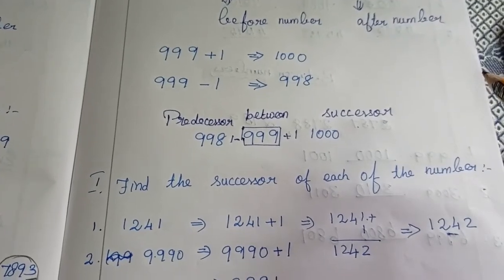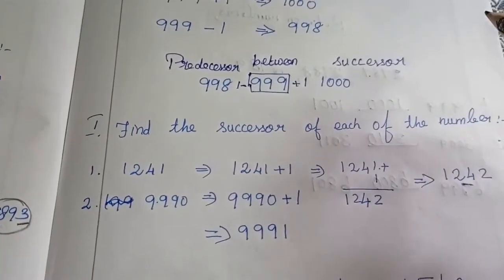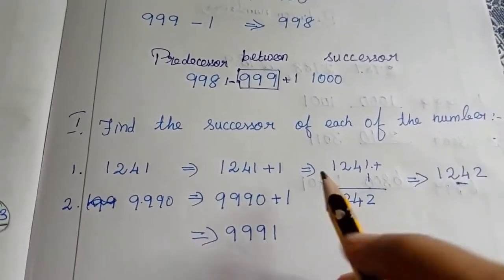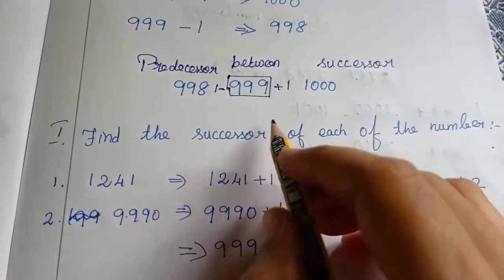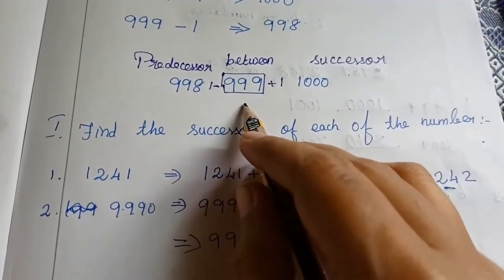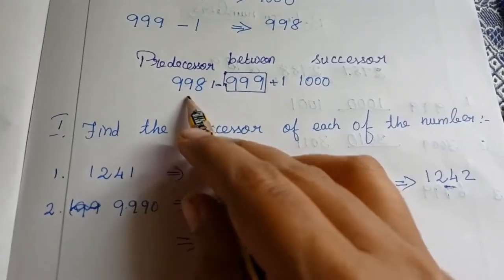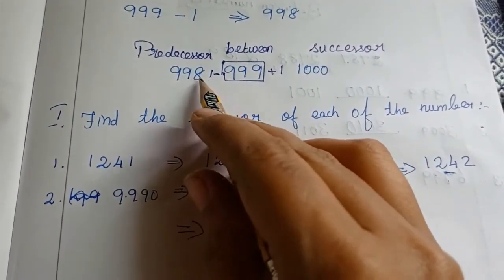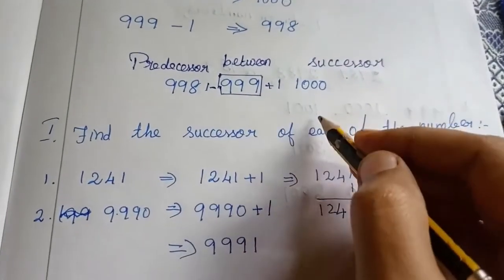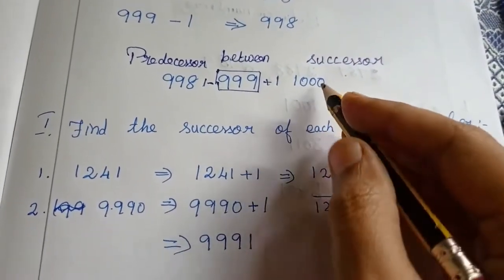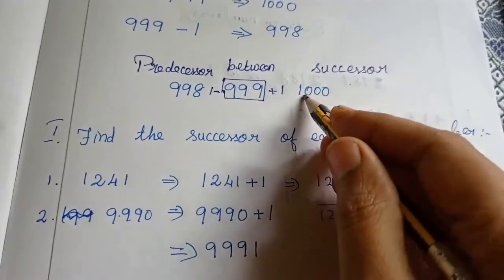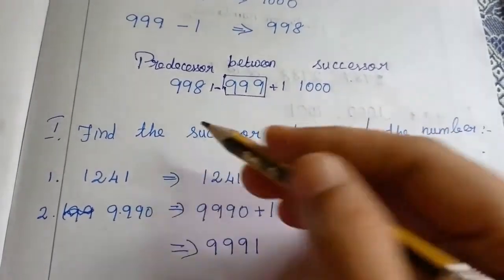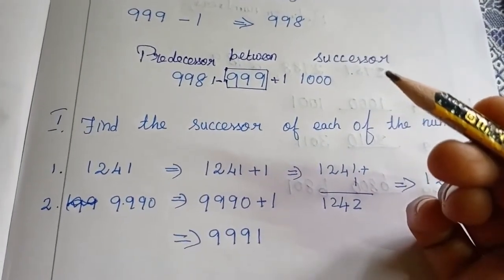And also we learned the between numbers. How can you find the between numbers? You can simply add 1 to the first number, or you can simply subtract 1 from the second number, so you can get the between numbers.